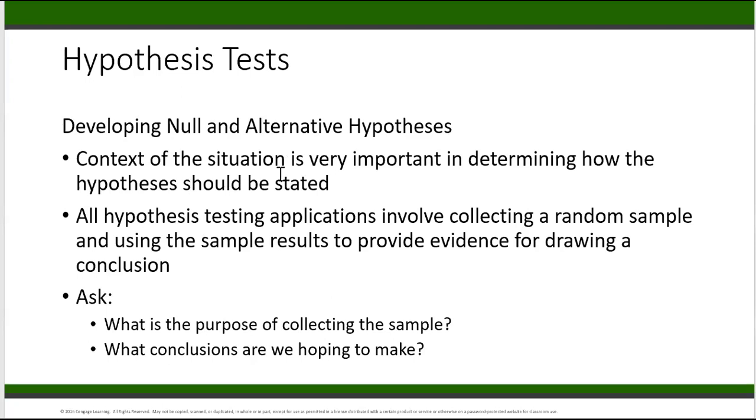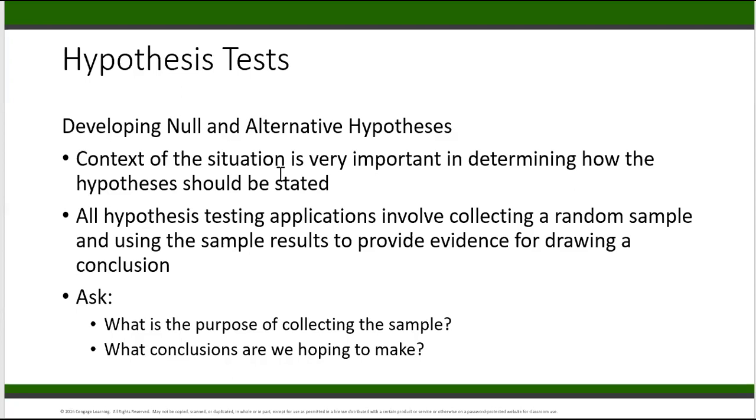First of all, it's very important that the notion of null and alternative hypothesis is really related to the context of the situation and the problem. The person who wants to formulate null and alternative should have knowledge of the situation, and not just in a statistical manner.